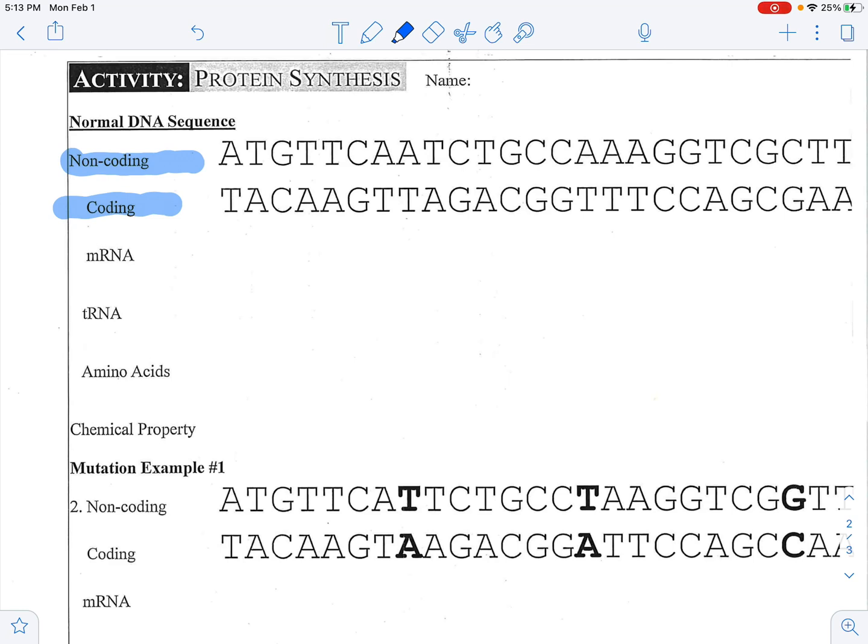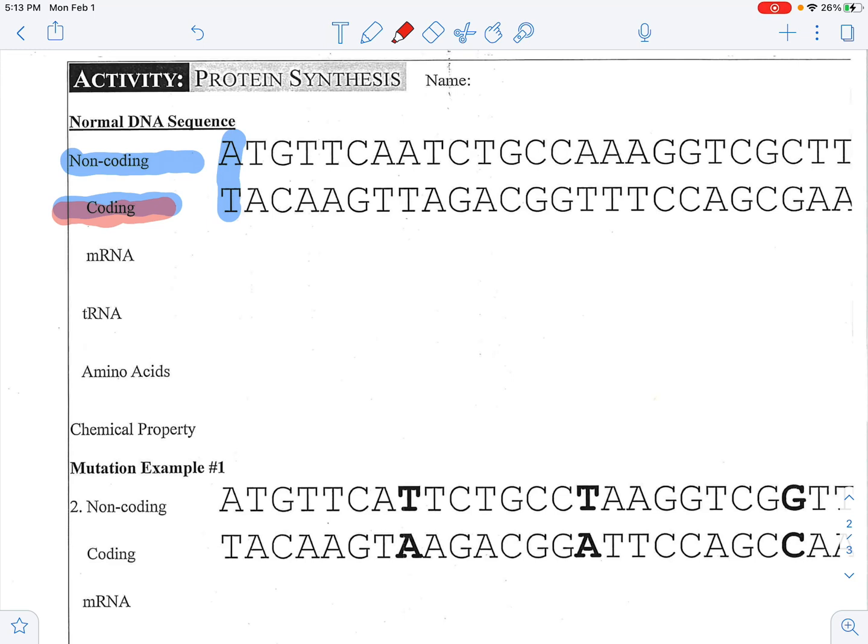And we can see that adenine and thymine always pair together. Okay, guanine and cytosine always pair together. So in this sequence, there's information to build a certain protein. And in particular, it's in the coding side. This is the side that has the information for the protein.